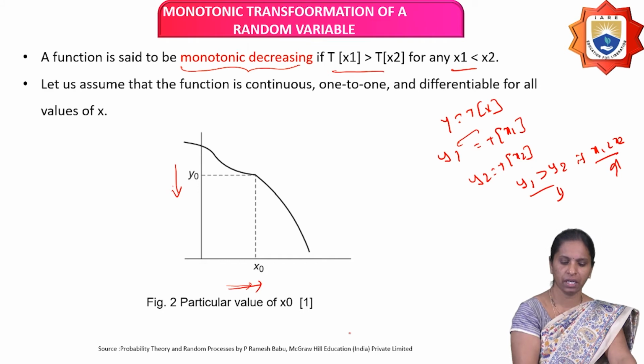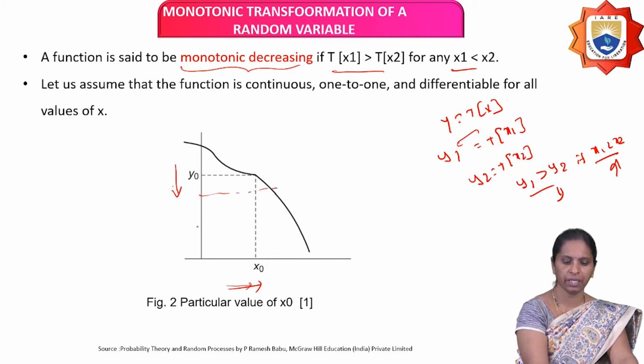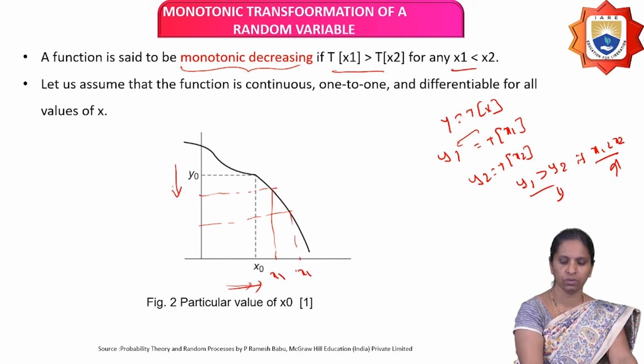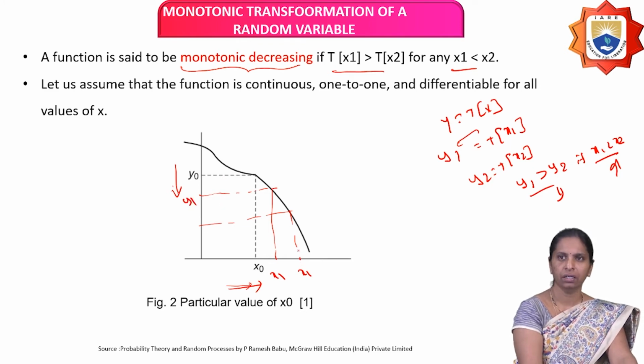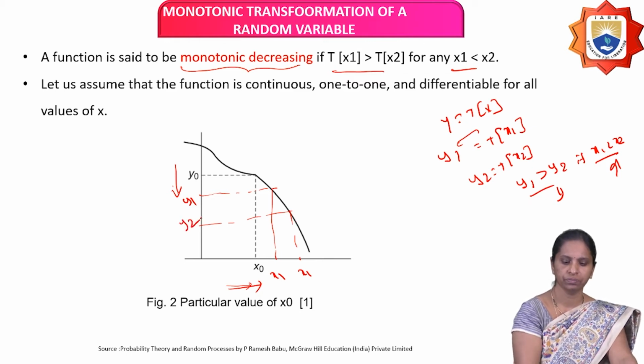That's why it is called a monotonically decreasing transformation. For example, I am taking two values, x1 and x2. The value corresponding to x1 is y1, and the value of y corresponding to x2 is y2.